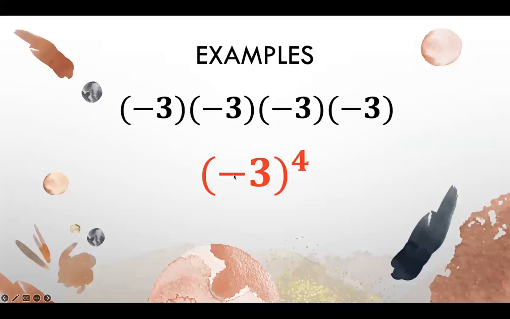So this is the quantity of negative 3 raised to the power of 4. Again, you need to include this parenthesis because negative and 3 are being raised by an exponent 4. So the quantity of negative 3 raised to the power of 4 is our exponential form.